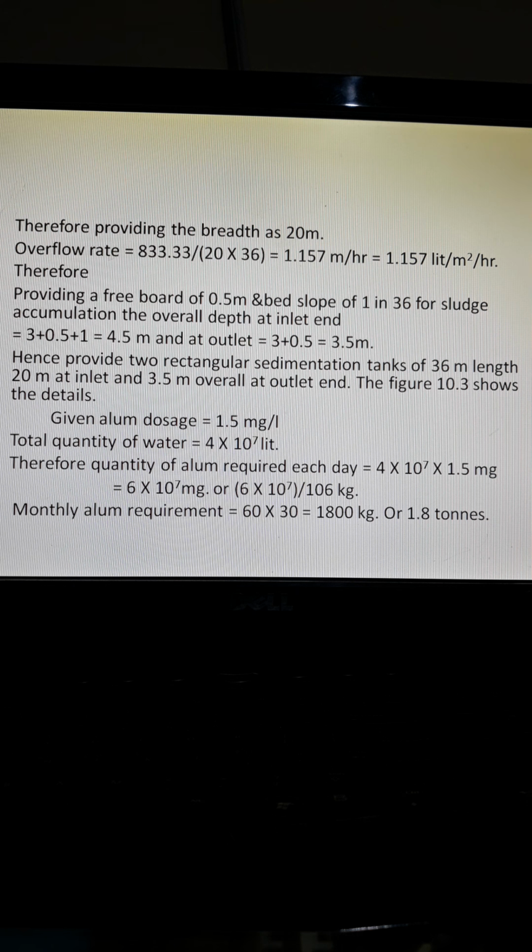Therefore, overall depth will be 4.5 meter and the depth at the outlet end is equal to the liquid depth plus the free board only. Therefore, 3 plus 0.5, 3.5 meter.